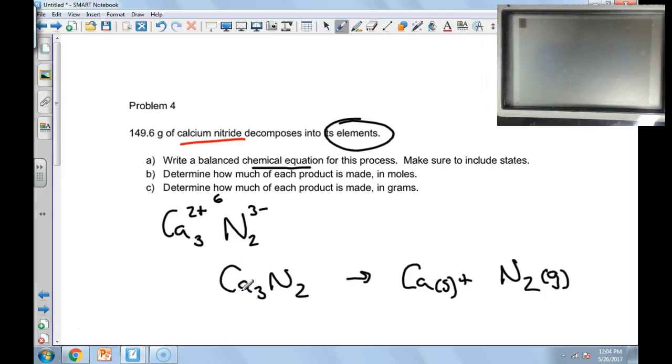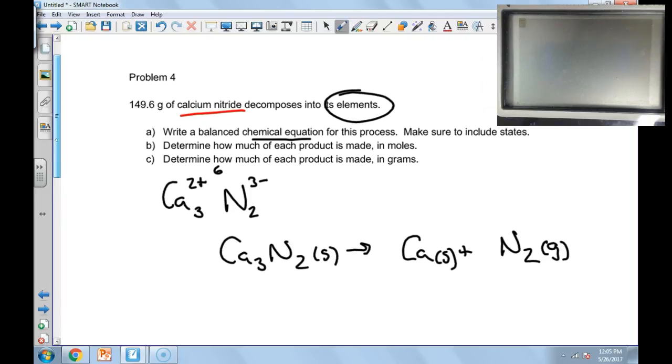Calcium nitride is an ionic compound. It's a metal and a nonmetal. So because it's an ionic compound, it has ion-ion forces, and we assume that things with the strongest forces are going to be in the state where the molecules are closest together. And so that's going to be a solid compound.